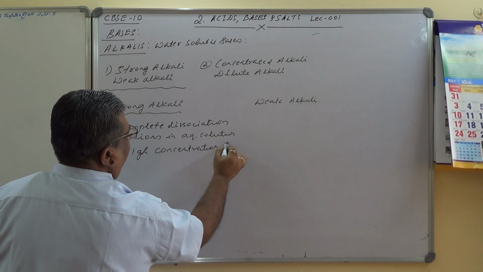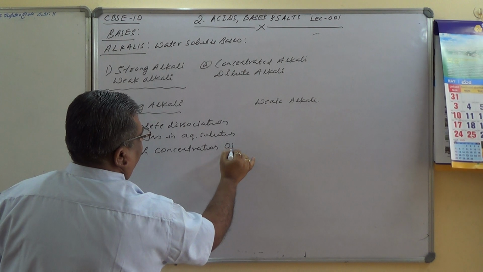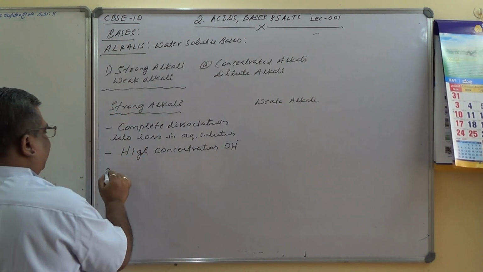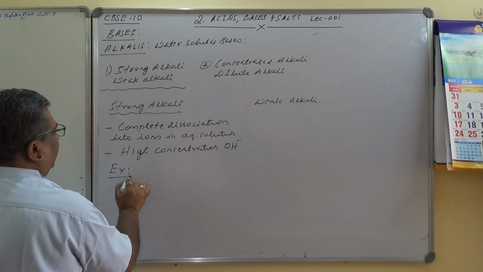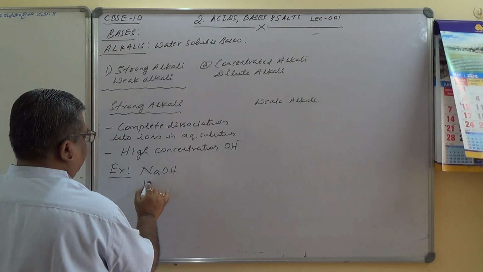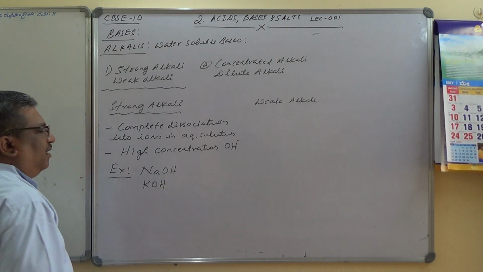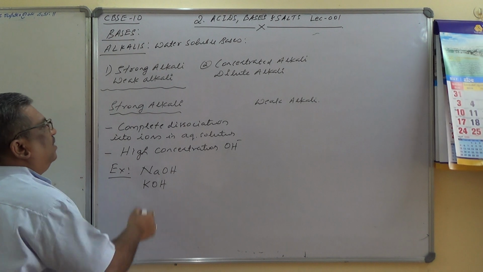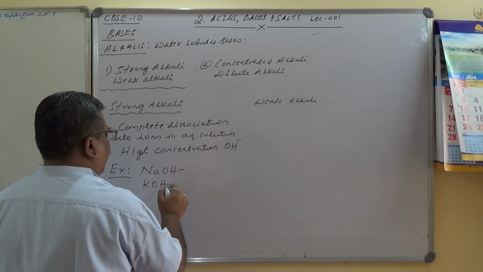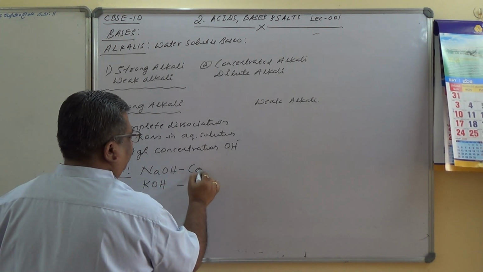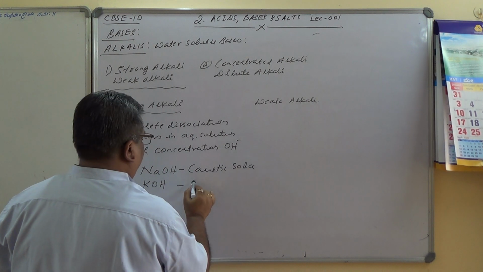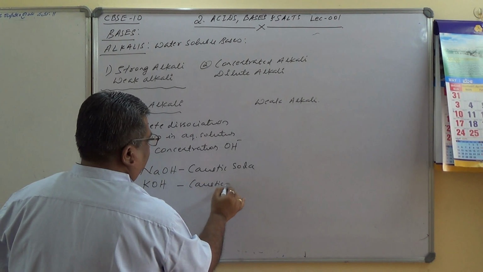High concentration of OH- ions. OH- ions are called hydroxide ions. Understood. So what is the example here? In this case, strong alkalis: sodium hydroxide and potassium hydroxide. These two are very strong alkalis, and the common name or commercial name for this is caustic soda, and this is caustic potash.